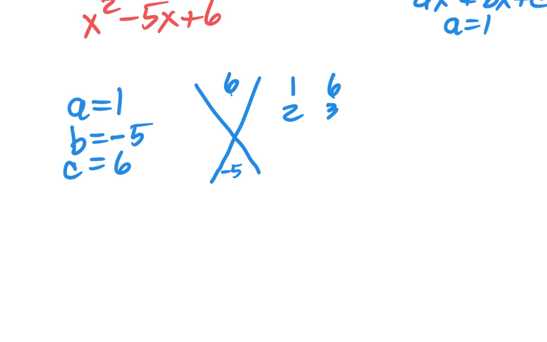So I know, because I'm looking to add up to a negative 5, that both of these factors need to be negative. Now, which one of these adds up to a negative 5? Hopefully you said negative 2, negative 3. Okay, let me erase this just for a moment because I wrote it too close.